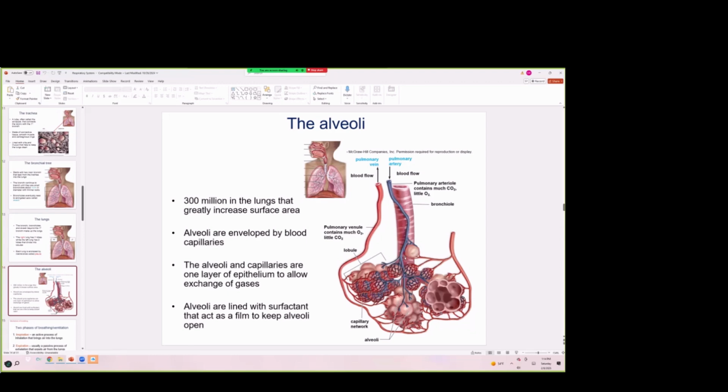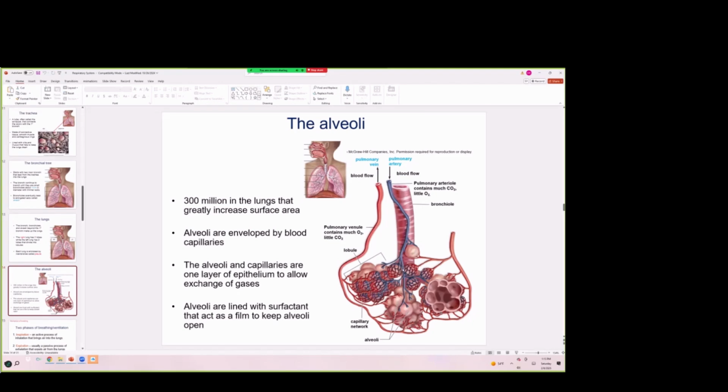And since the air that was coming into the lungs was from the outside, it proportionally has more oxygen than the blood. So oxygen would move from these alveoli spaces into the blood vessel. Carbon dioxide does the reverse.